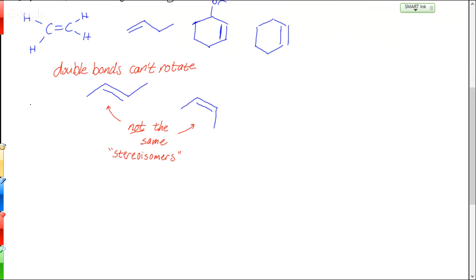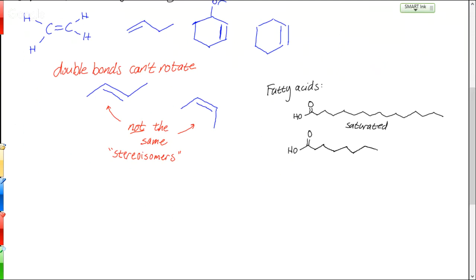Fatty acids can usually take a couple of forms. So don't worry too much about the rest of this, but you can have fatty acids that look kind of like this. And those are called saturated. And they're these long straight chains because of the single bonds. And then you can have fatty acids that have double bonds in them.